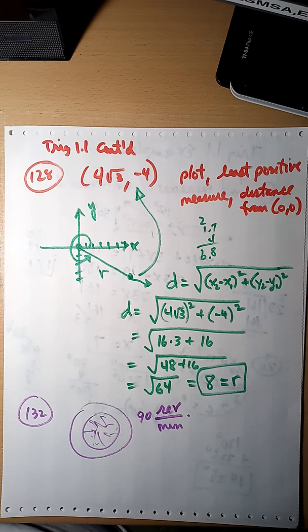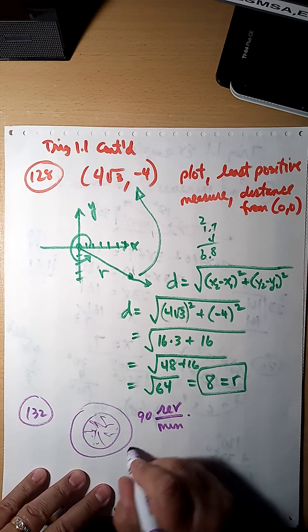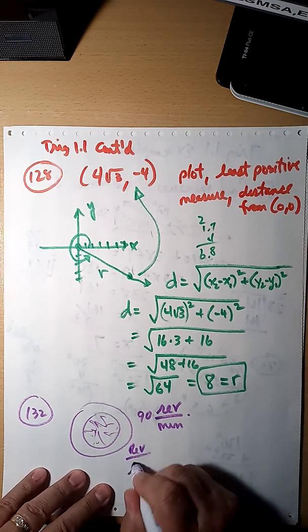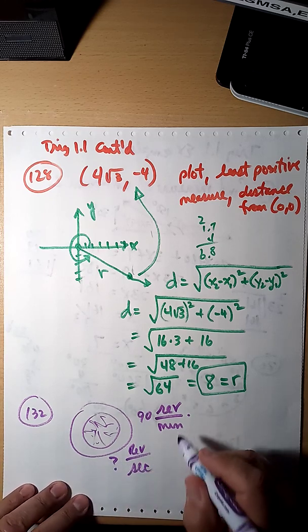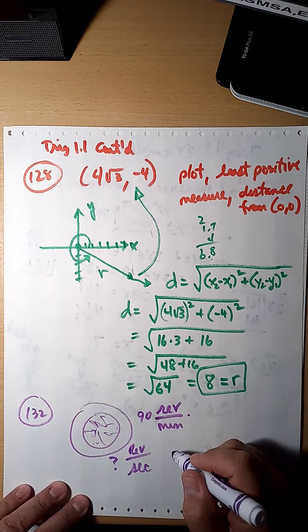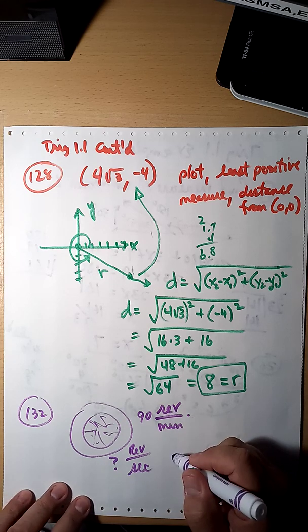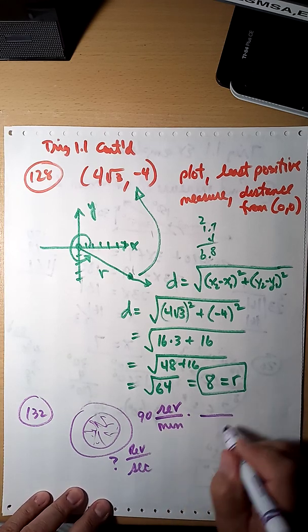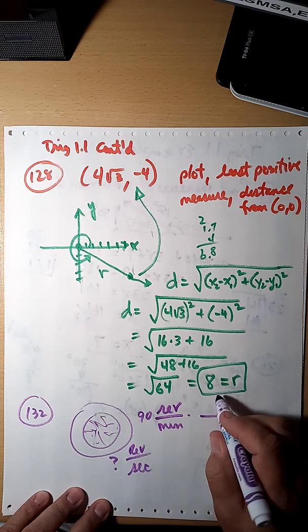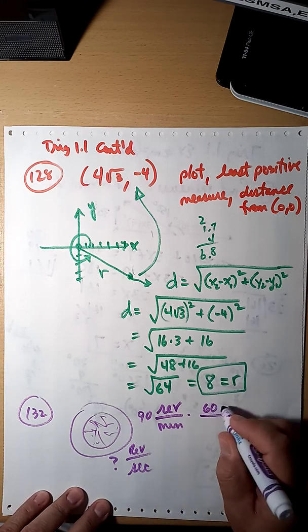What we'd like is revolutions per second. So if I can change this revolutions per minute into revolutions per second, I'll be done. Well, I don't have to change the revolutions. I have to change the minute. So 60 seconds.